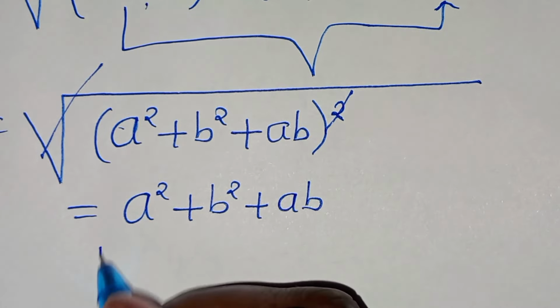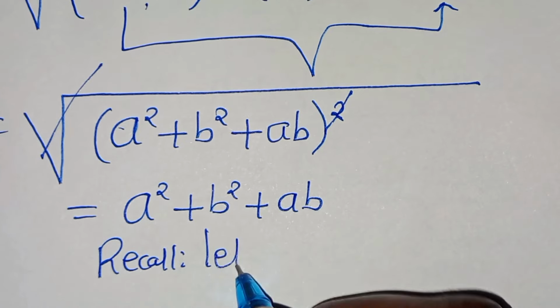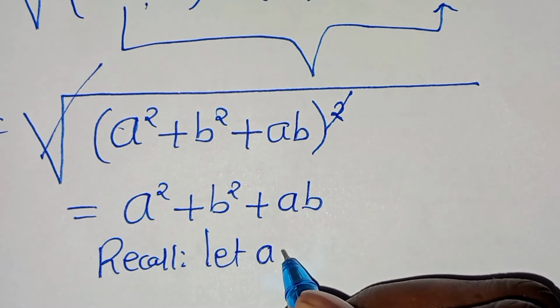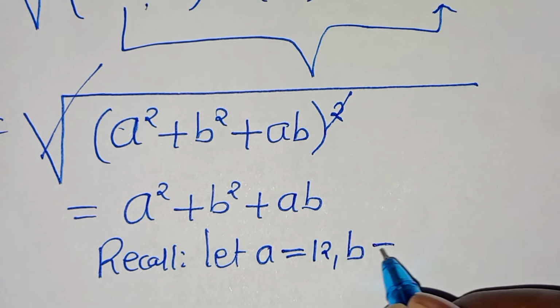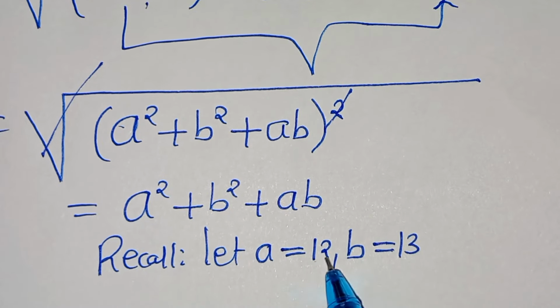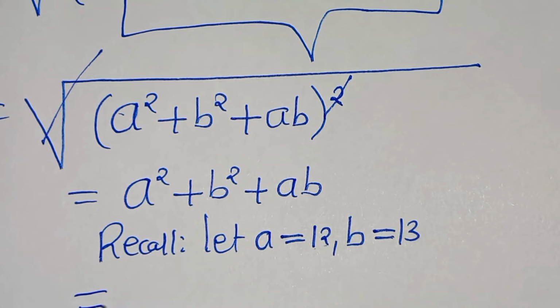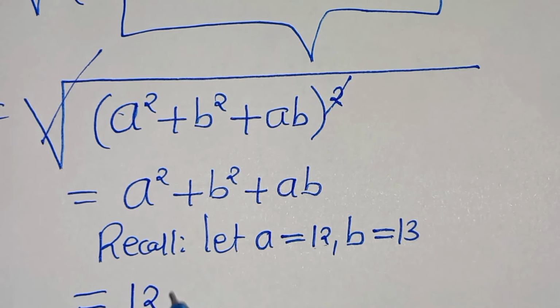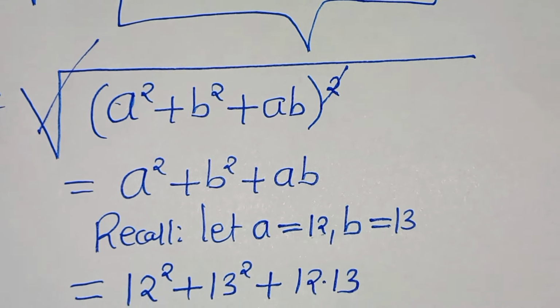Now if you recall, we have seen that let a be equal to 12, and let b be equal to 13. Let's substitute a, which is 12, and b, which is 13 here, and this implies that we have 12 squared plus 13 squared, then plus 12 multiplied by 13.